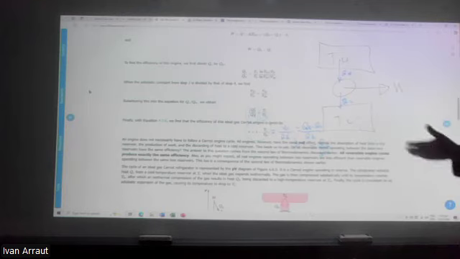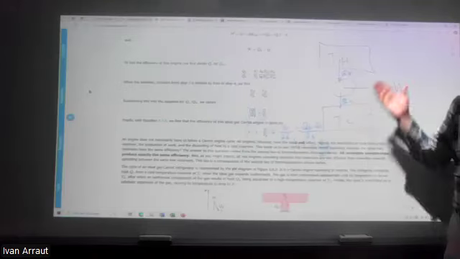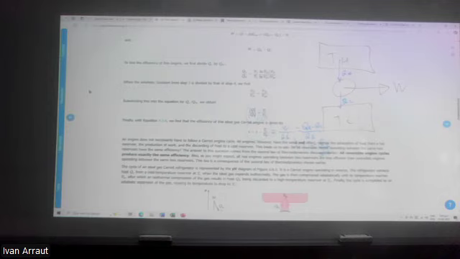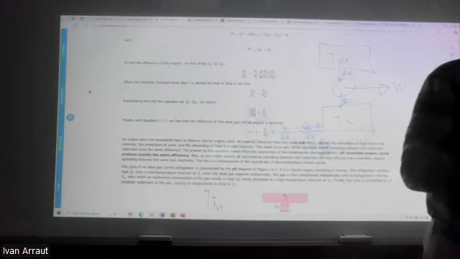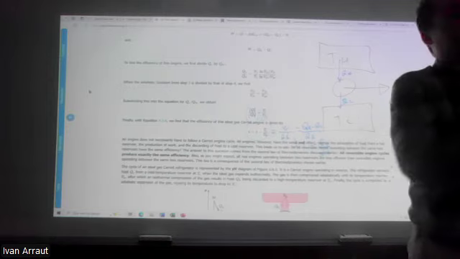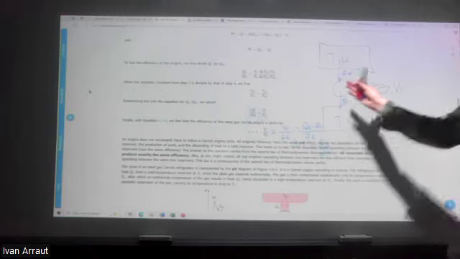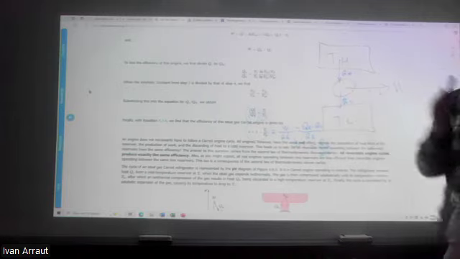So anyway, coming back to this, now that you know the efficiency of the Carnot cycle, what do you need to do for a machine to increase the efficiency? Based on these variables, based on this information you are seeing here.